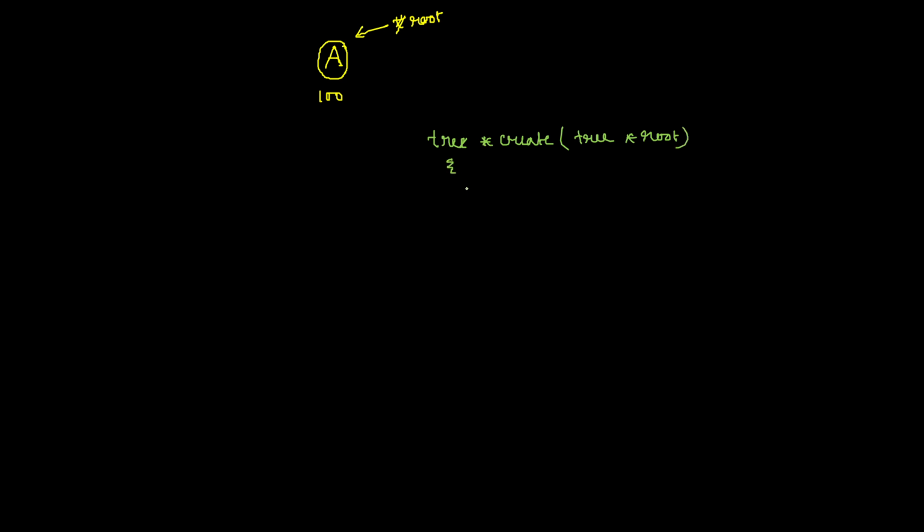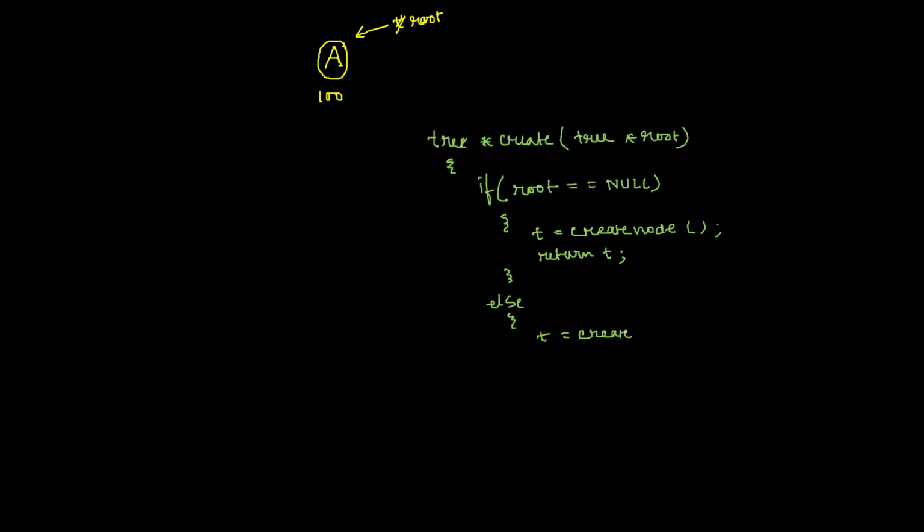Within this, check if root is null, then t equal to create node, return tree, and in the else part we have t equal to create node again, then the while loop will start.